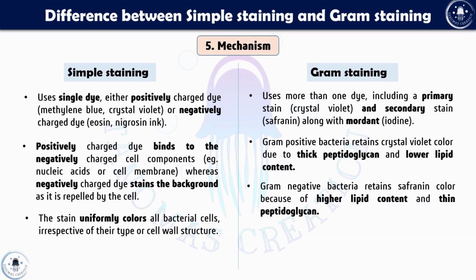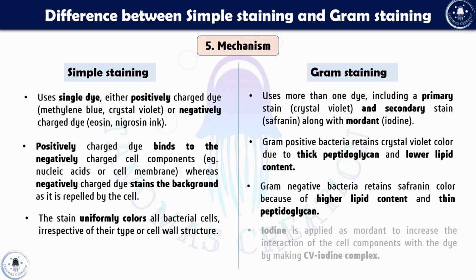Whereas in gram staining, they will show different colors, representing different bacterial groups. Okay. So here in the gram staining, iodine, as I said, acts as a mordant and plays a very important role because it increases the interaction of the cell components with the dye by making the CV iodine complex. Okay, so this is the mechanism of simple staining and gram staining.